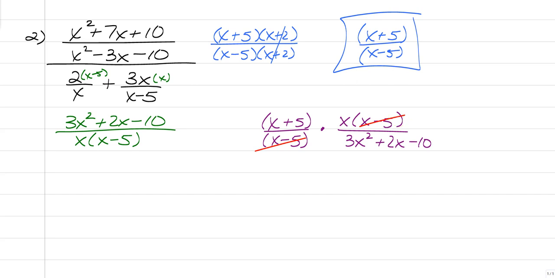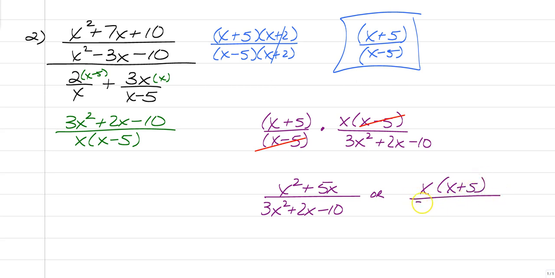So our final answer is x squared plus 5x all over 3x squared plus 2x minus 10, or the preferred answer is x times x plus 5 all over 3x squared plus 2x minus 10, because a lot of times it's better to keep this factored just in case it can be simplified.